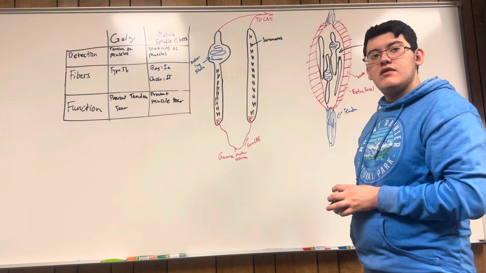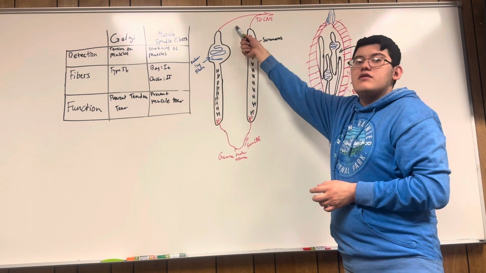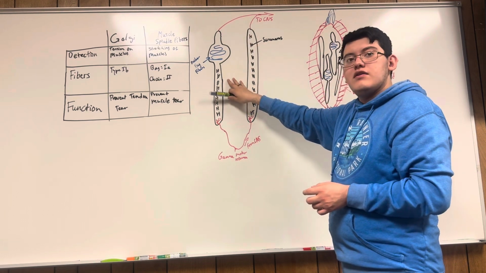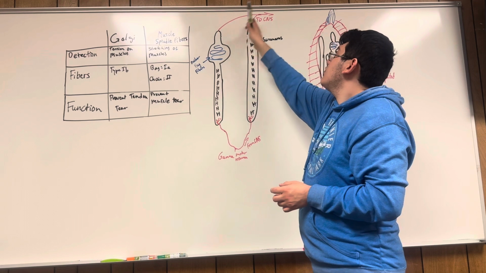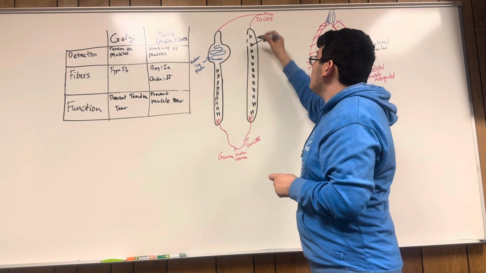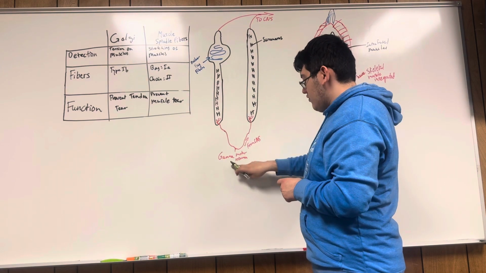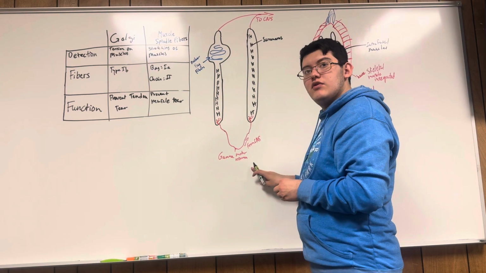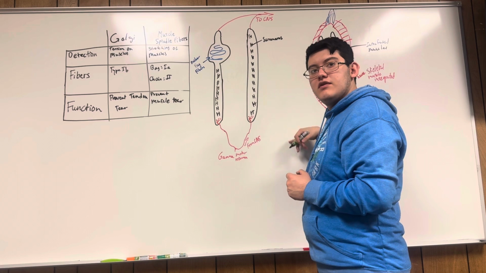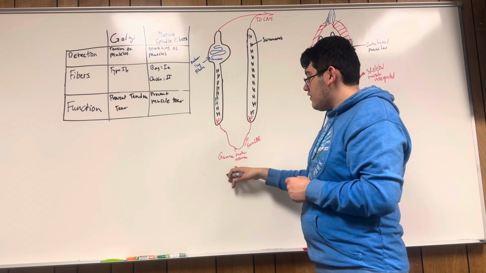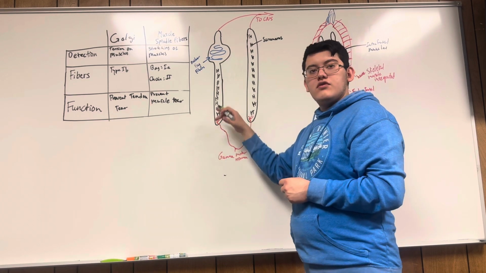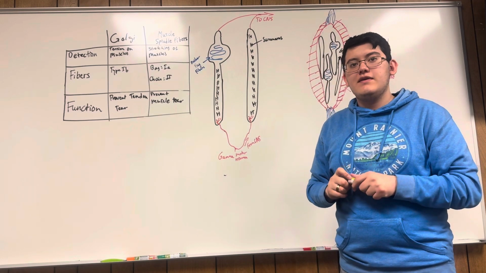Which one is afferent? Afferent is here. These are afferent; they send signals to the CNS. While these neurons down here, the gamma motor neurons, are efferent because they send signals from the CNS to the spindle fibers.